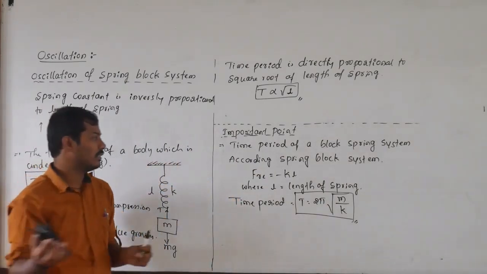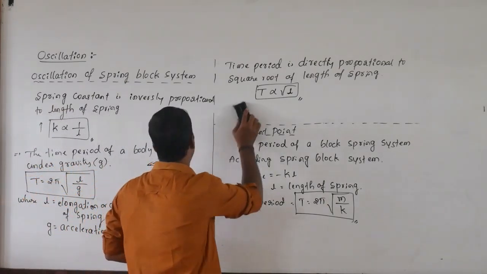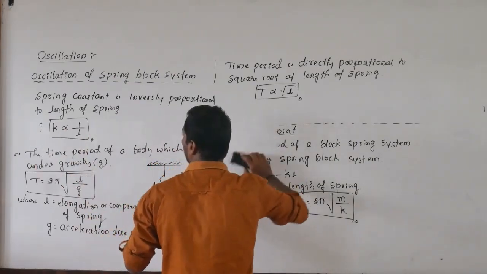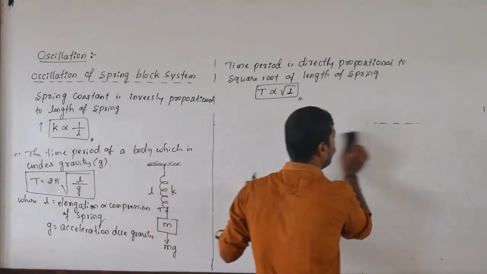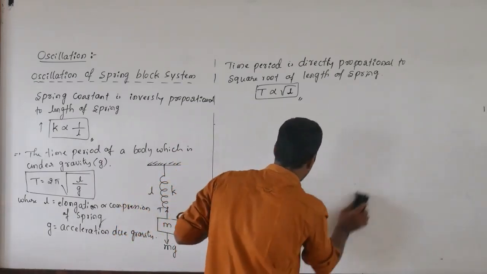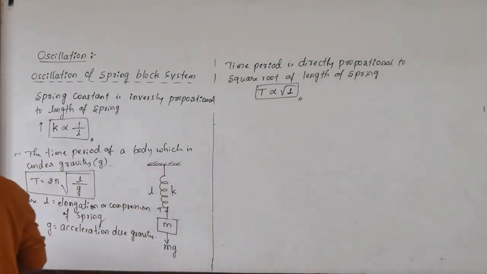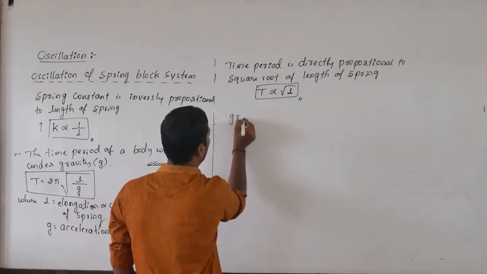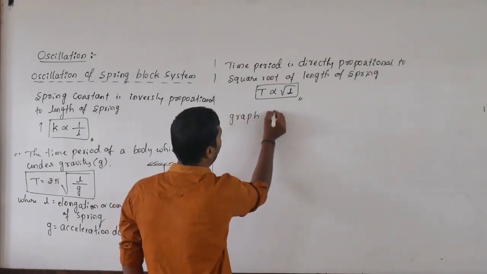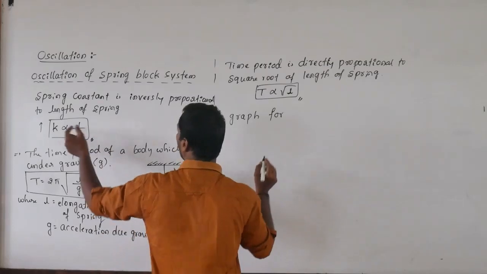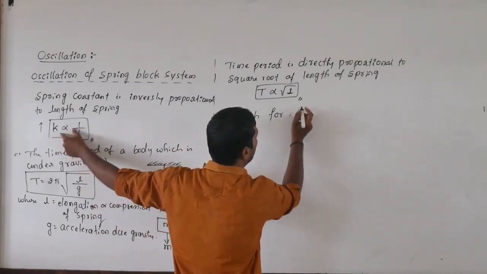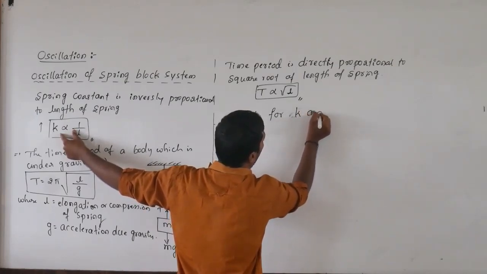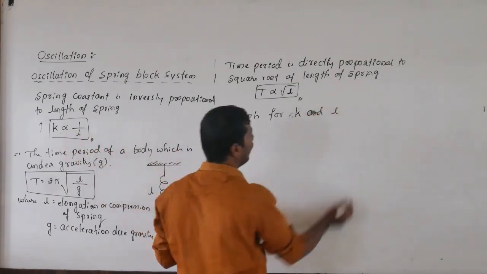Then I will draw the graphs: first K and L, and then another one for the time period and length. The first graph is for the spring constant K and the length.